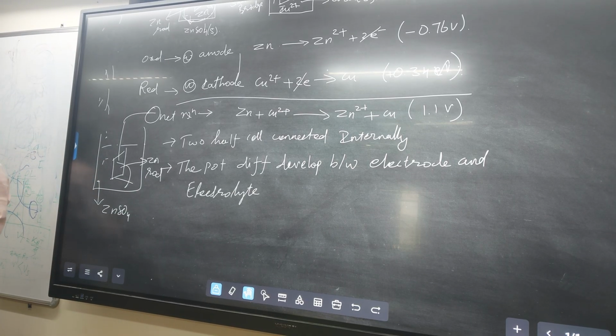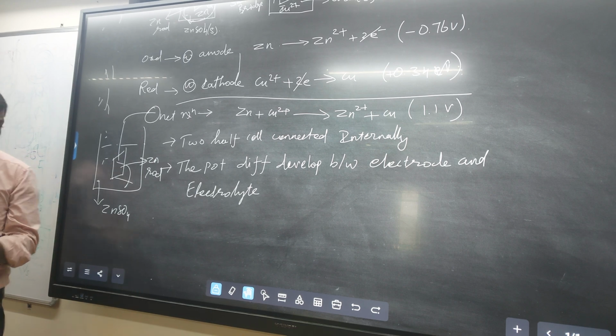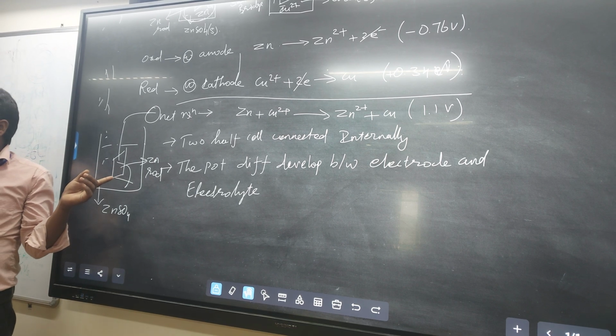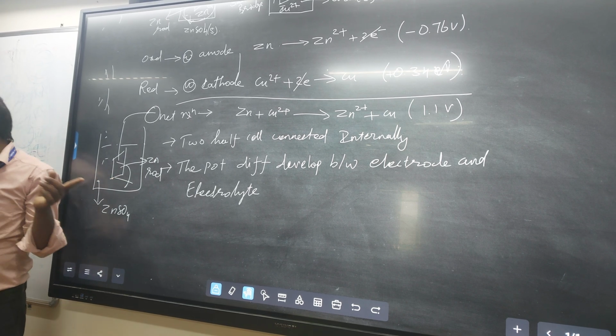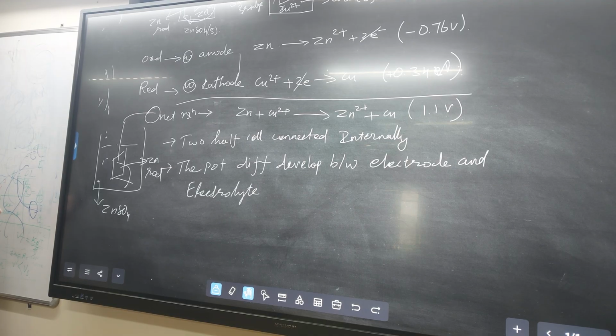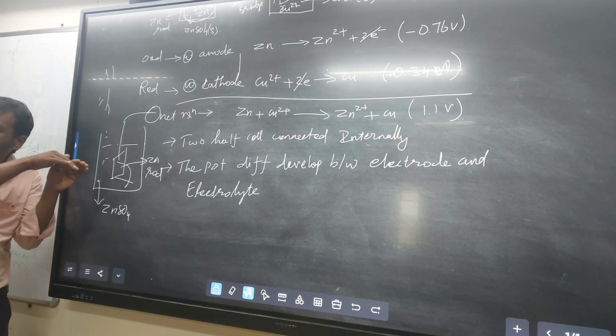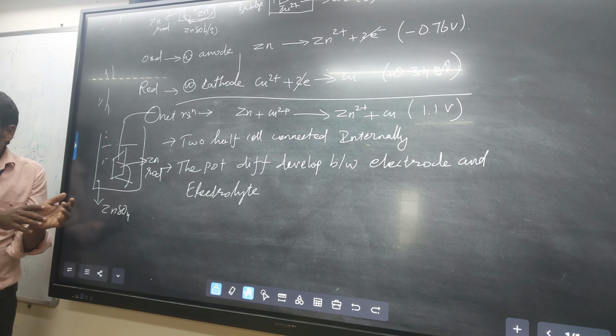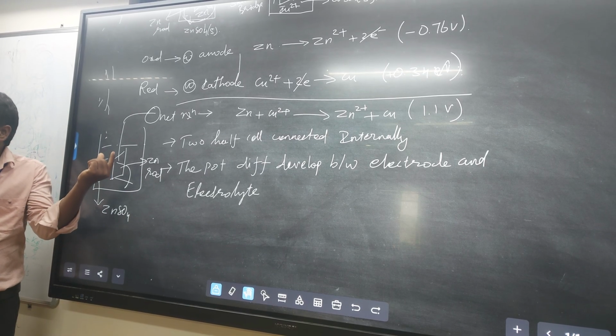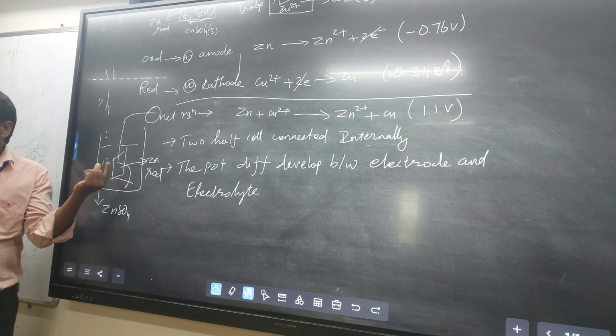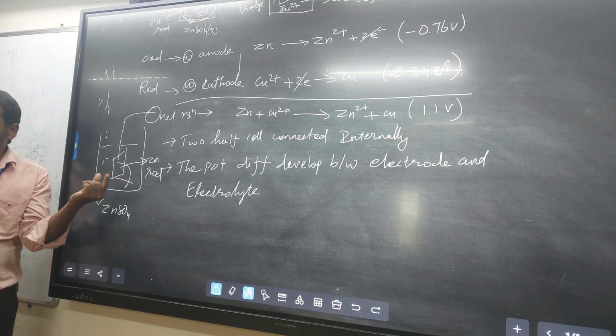What do we call this? The potential difference will definitely be there. That way zinc becomes zinc 2 plus, and the zinc rod corrodes continuously.